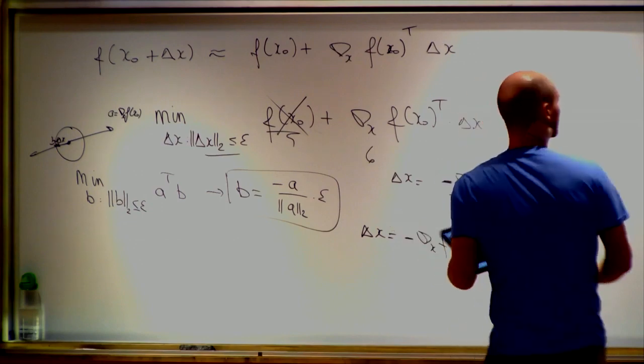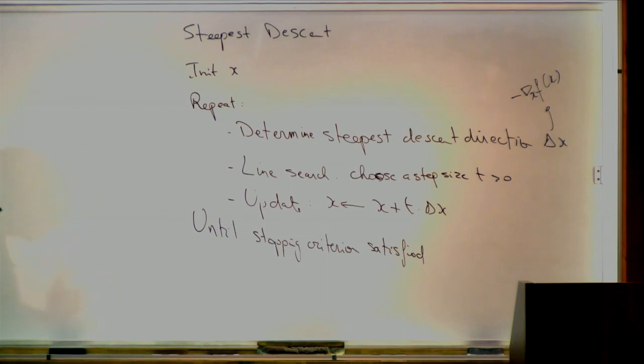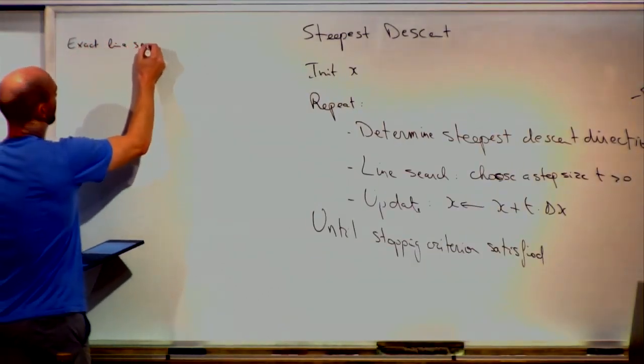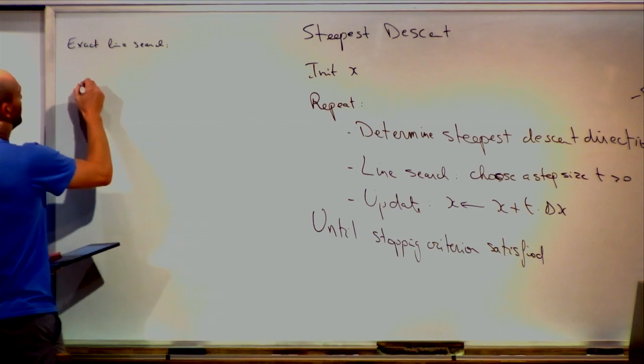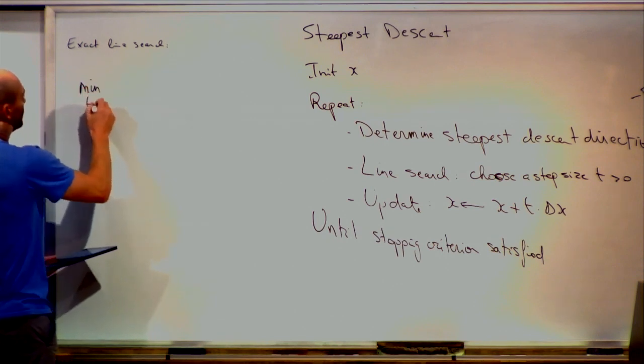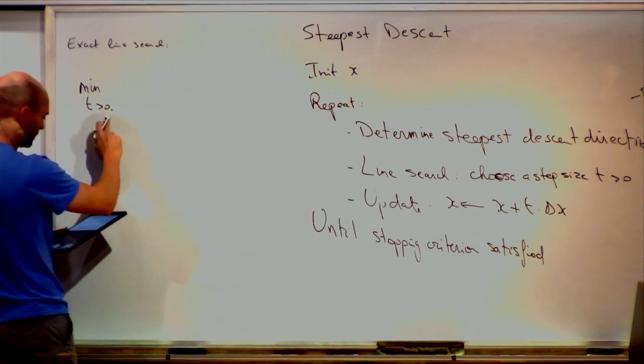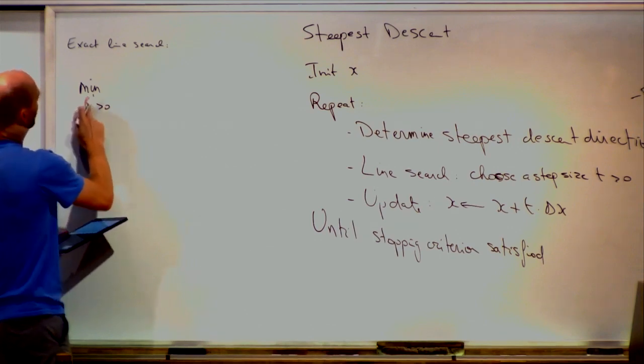Now, the next thing we have to do is find t. Something called exact line search. It says min over t bigger than 0. Oh, well, the slide has s, so let's call it s here.